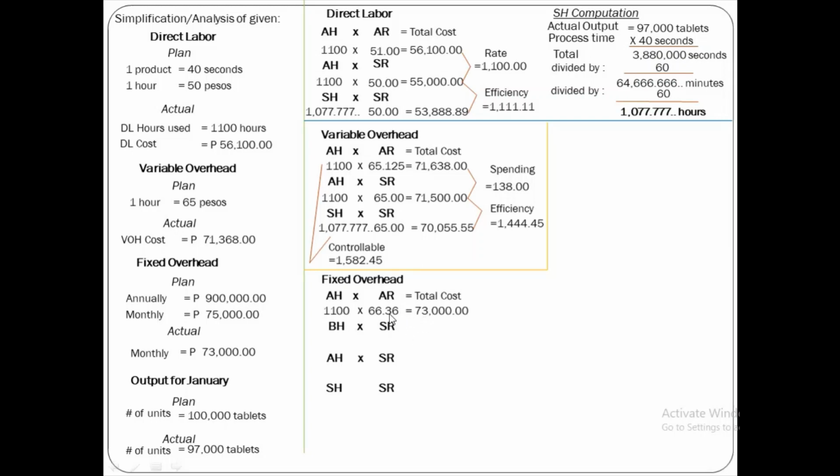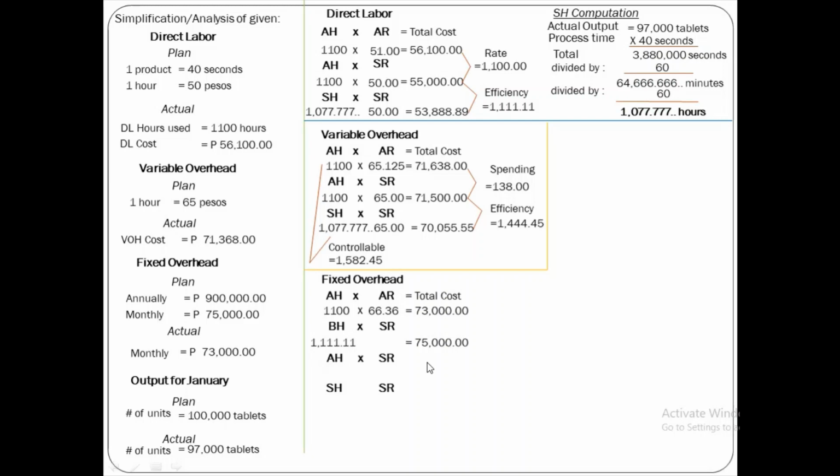So we have 66.36. We have the budgeted fixed overhead, which is 75,000. It is given. The fixed overhead annually is 900,000 and monthly it's 75,000. So that's where we got the 75,000. The only problem is we don't have the budgeted hours and the standard rate, so we need to derive it.